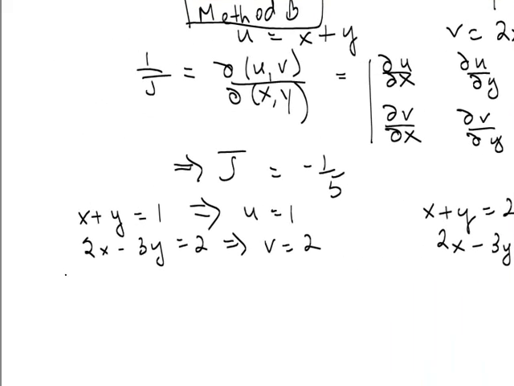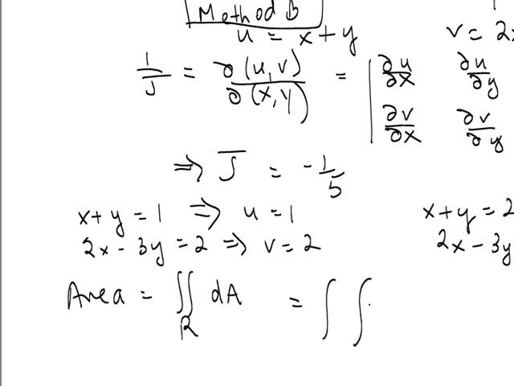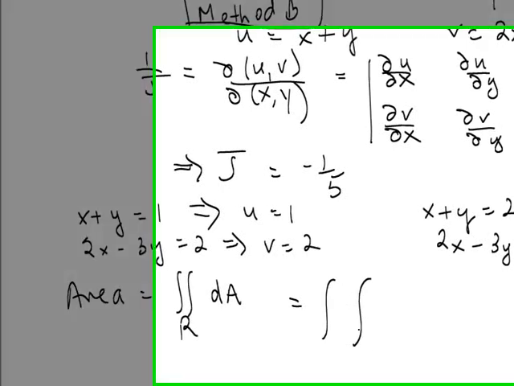So this is what we had to find. The area, which was given by the double integral over R of dA. We have transformed the region. So now write your new integrals. It's a rectangle, so I'll put u on the inside.